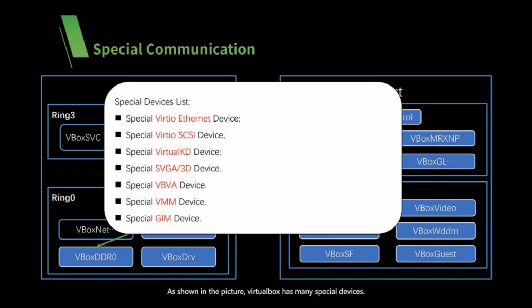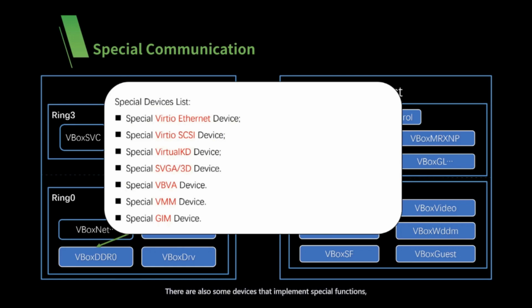As shown in the picture, VirtualBox has many special devices, such as network card device VirtIO Ethernet, graphics device SVGA 3D, storage device VirtIO SCSI, and video acceleration device VHWA, and so on.